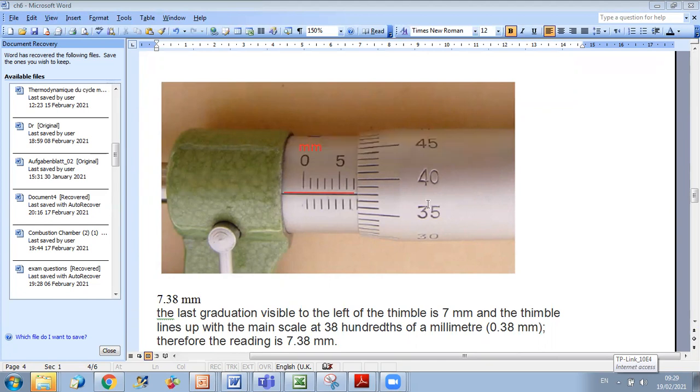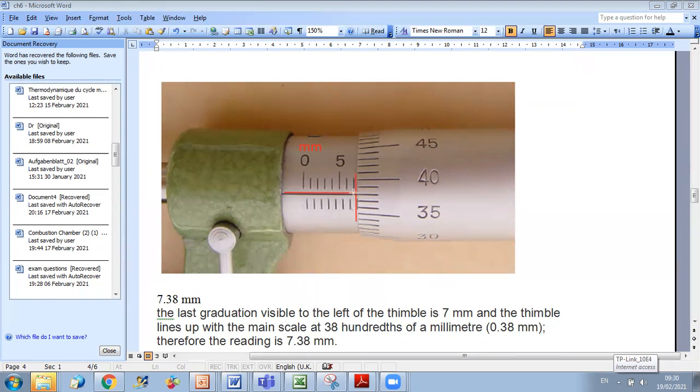In the main scale, first you look at the final graduation just before you reach your symbol. Here you have 5 millimeters, 6, 7. So to the left of the symbol you can read the graduation which corresponds to 7 millimeters.